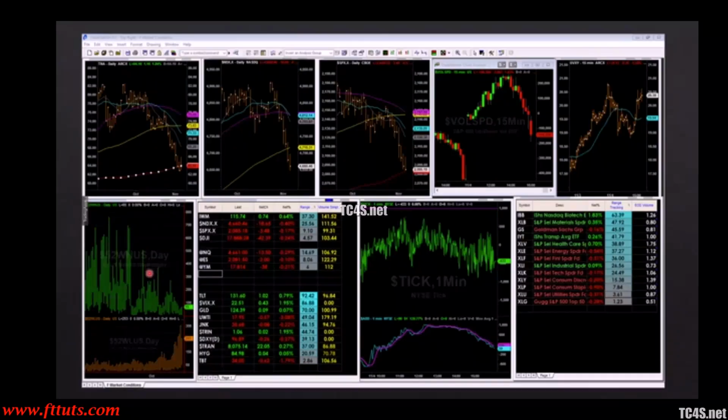Now this tool right here, I do use a lot. It reminds me each day, what are the number of 52-week high stocks, meaning reaching a new one-year high, and the number of stocks that are hitting 52-week lows. You'll notice recently when the market was peaking, we had over 700 stocks that were hitting new highs.